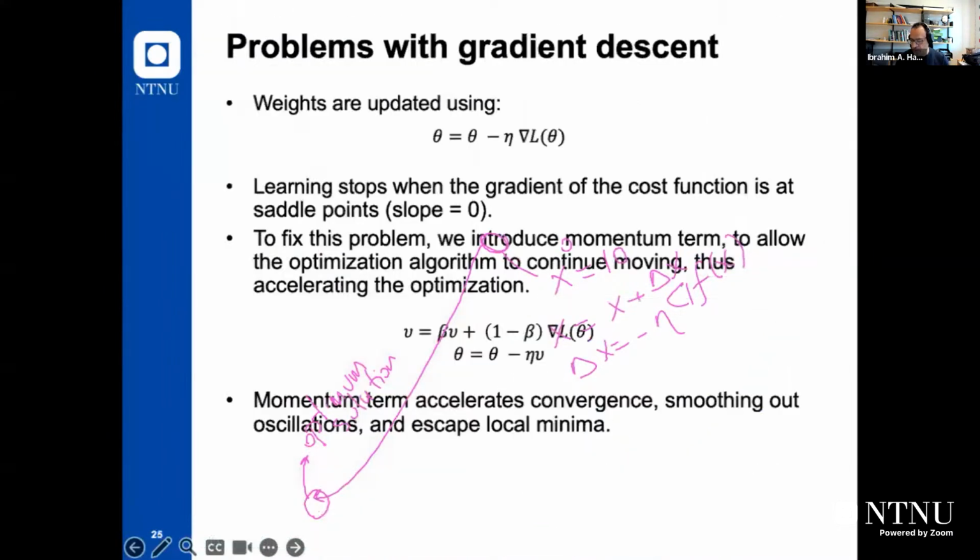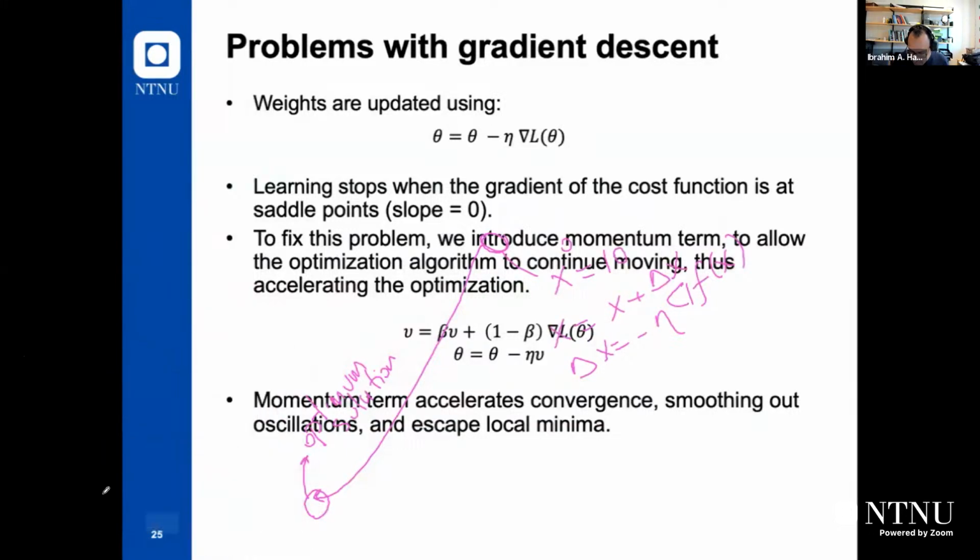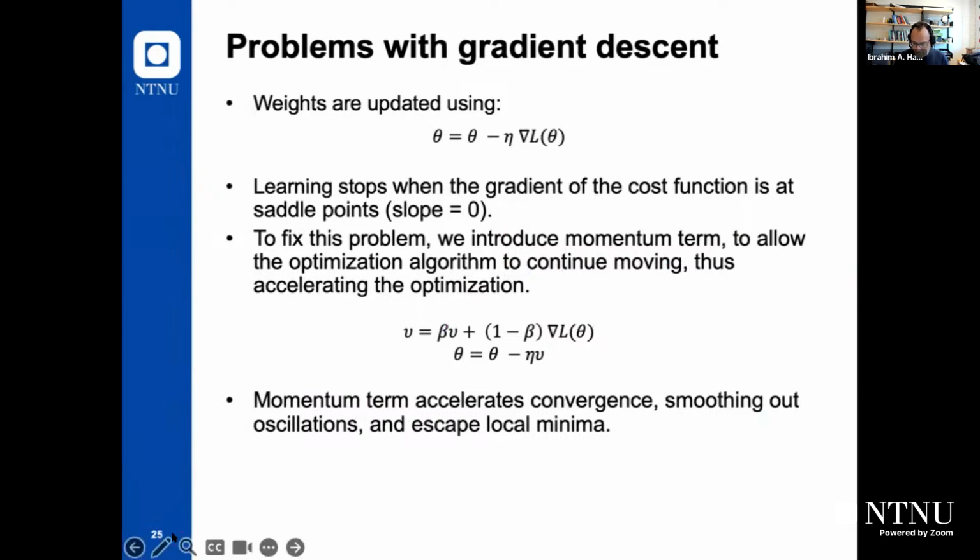So what are the problems with gradient descent?